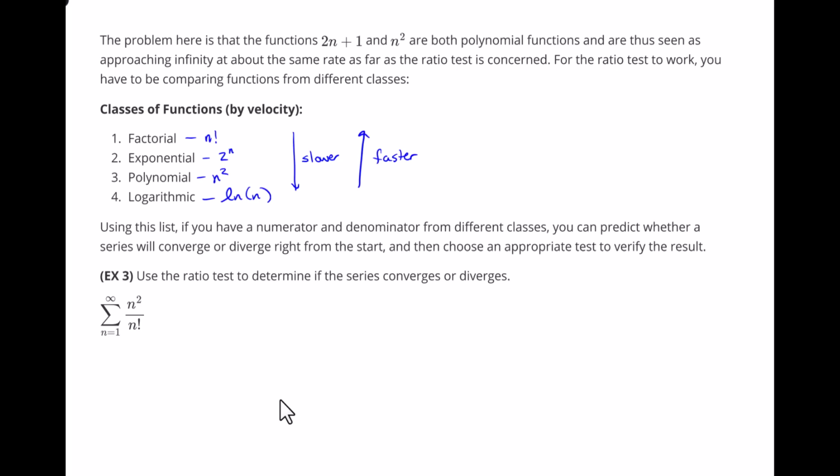So if you get a result that's different, then you know that something may have gone wrong. So the ratio test, as long as you have two different functions in separate classes, is a great choice to use, especially if you have factorial and exponential pieces.